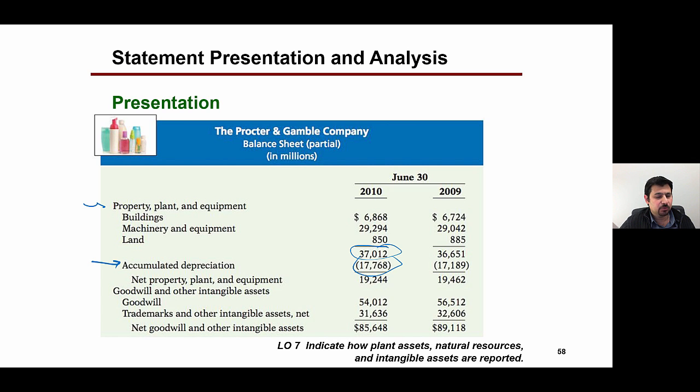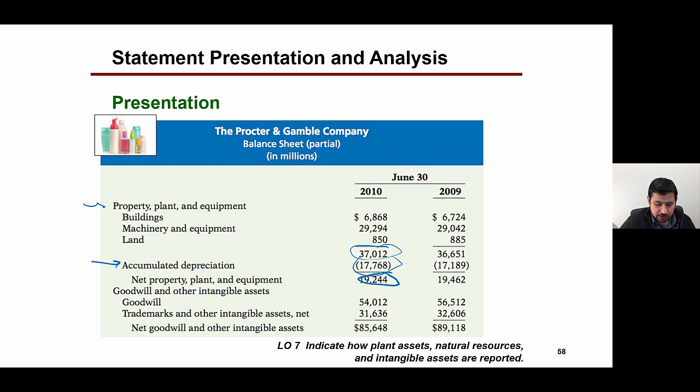So in certain cases, the company would have buildings, less accumulated depreciation for buildings, machinery and equipment, less accumulated depreciation for machinery and equipment. And in certain cases, they just have it like this one, like Procter & Gamble here, where they have it in total. And then the net property, plant, and equipment will be here. This is the value of PPE assets of Procter & Gamble for 2010.